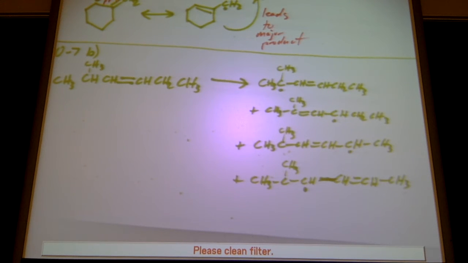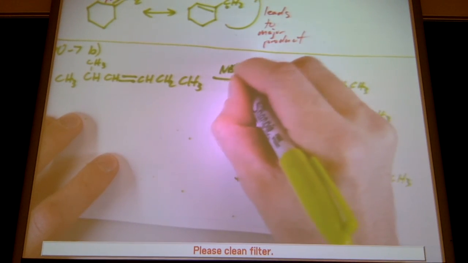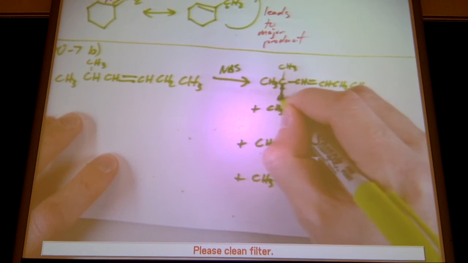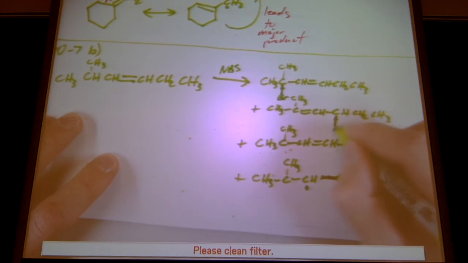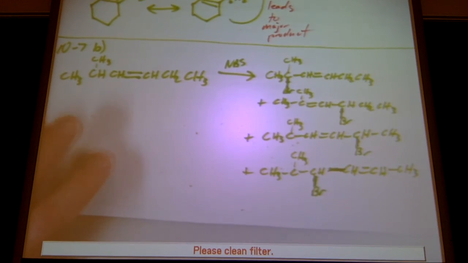Now, every place I have a radical, a bromine can attach. And so I have four possible products there.